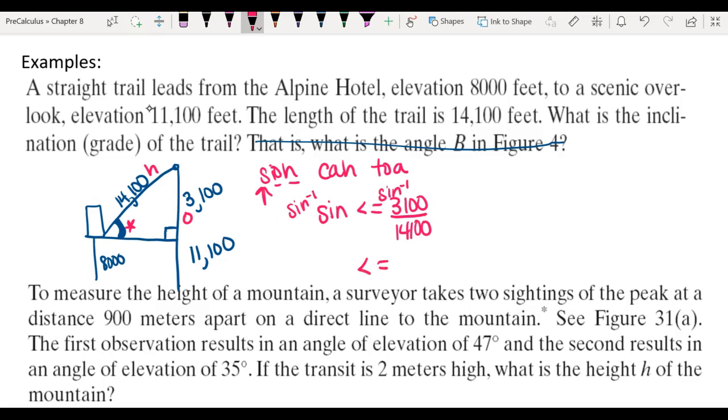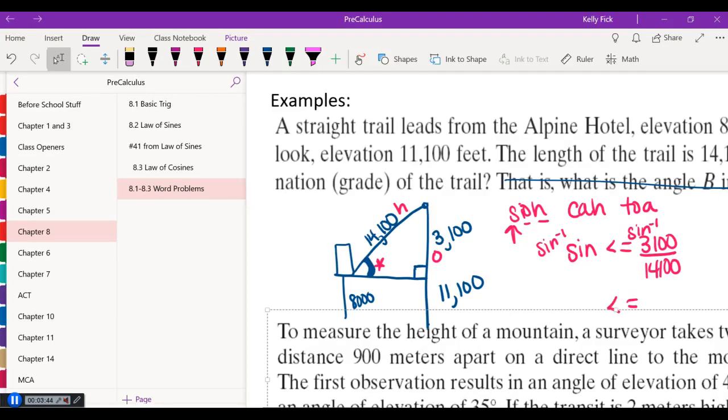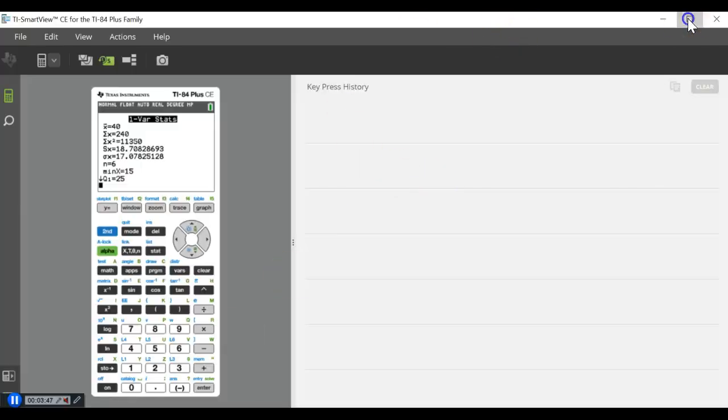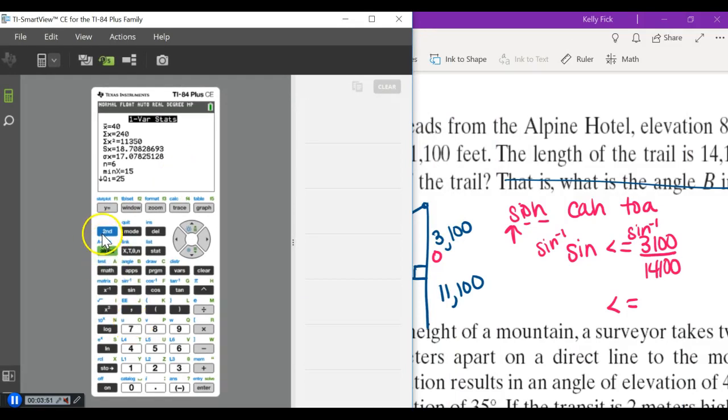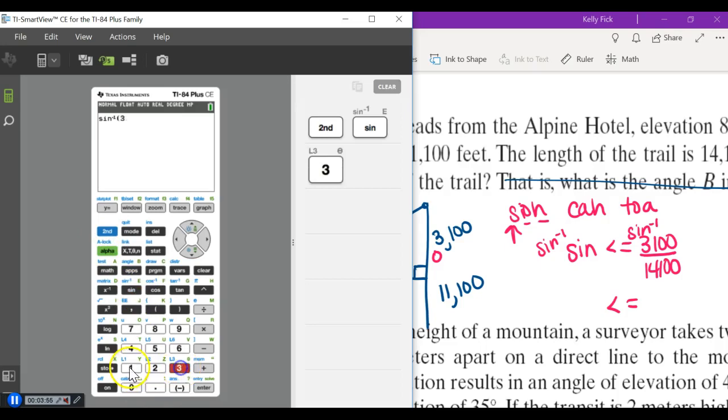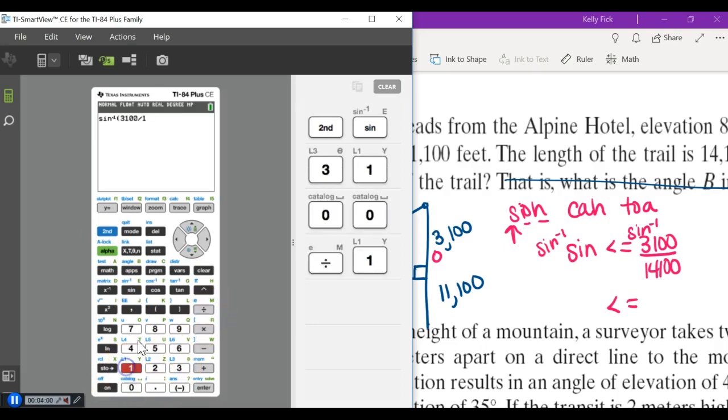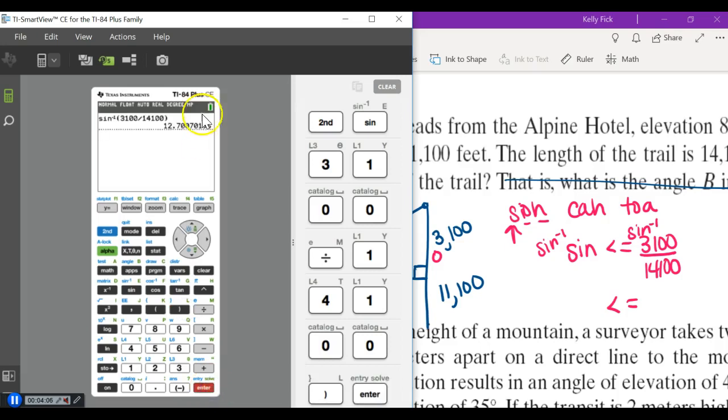So my angle is going to equal, let's bring up the calculator. I would do sine inverse of 3,100 divided by 14,100. So my angle is 12.7 degrees.